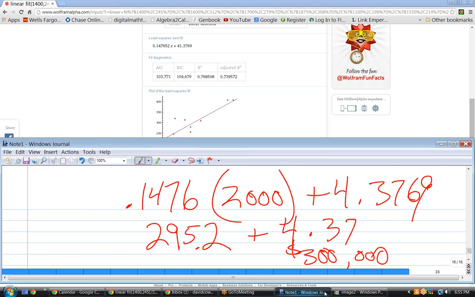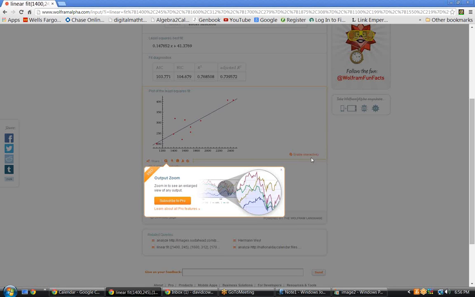0.295 with 3 zeros would make it 295,000 plus 41. I left off the 1 there. That makes it 336,000, and that fits our curve.